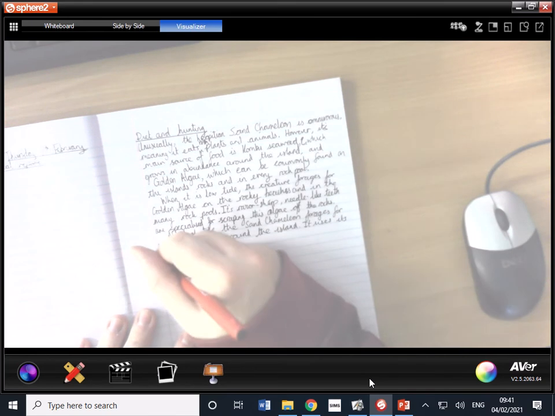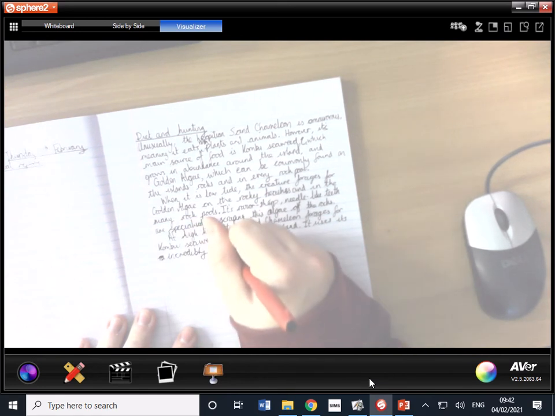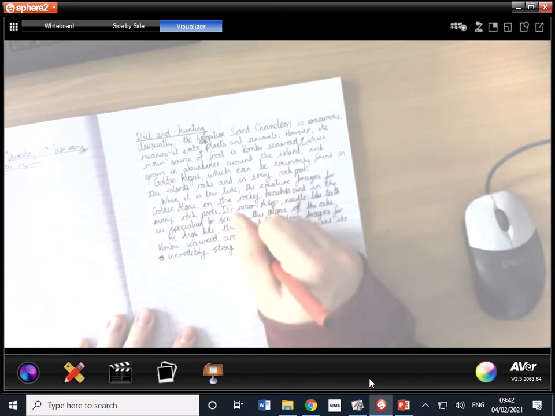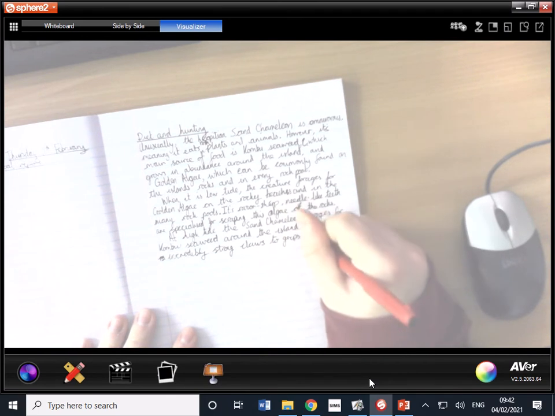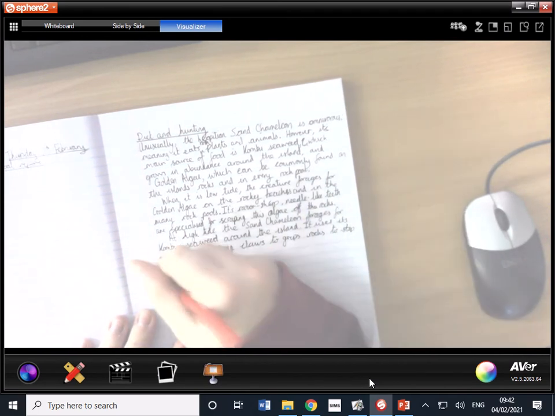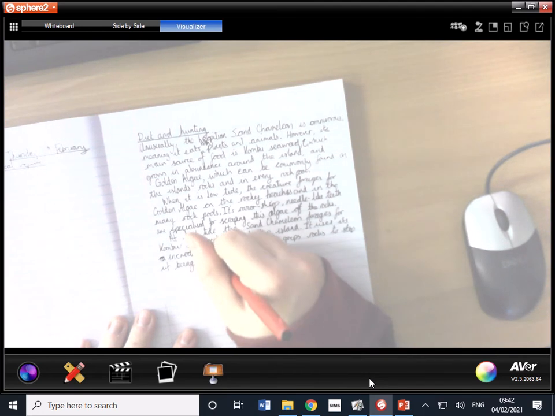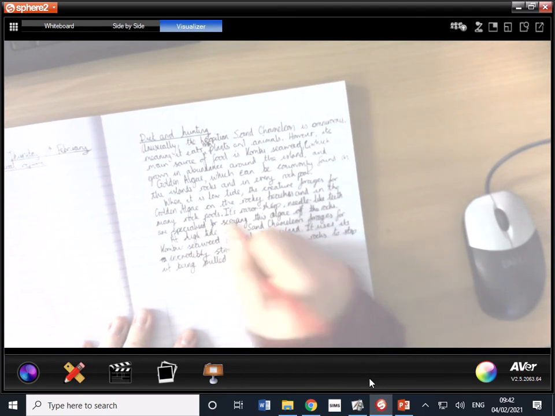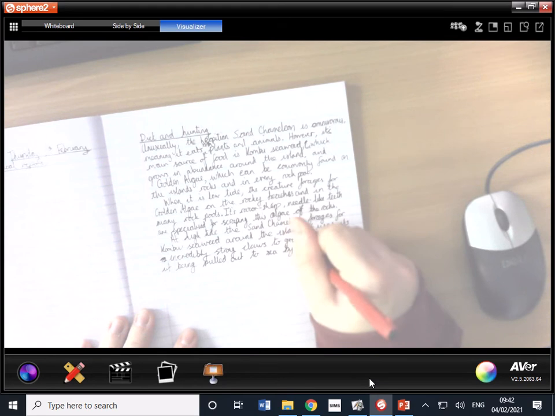It uses its incredibly strong claws to grip rocks to stop it being pulled out to sea by the tide.